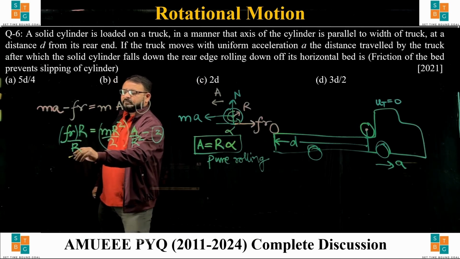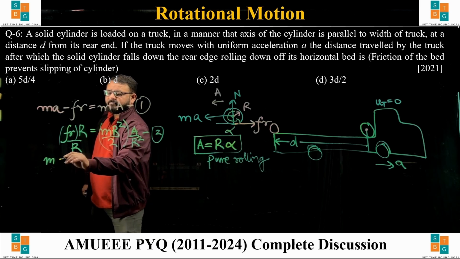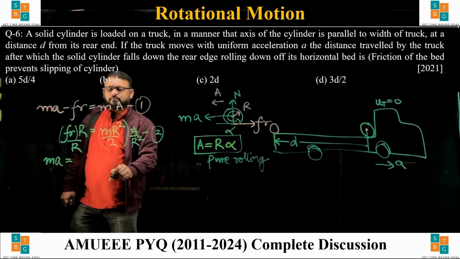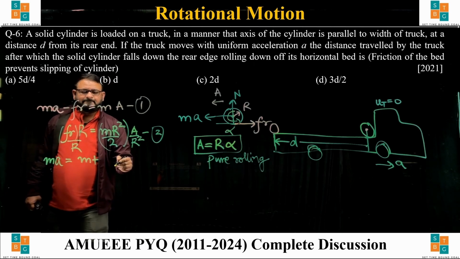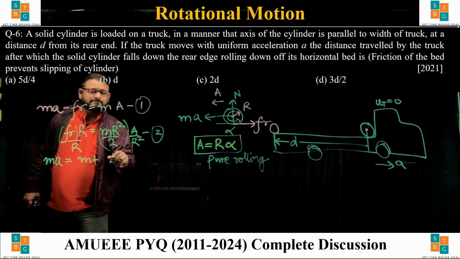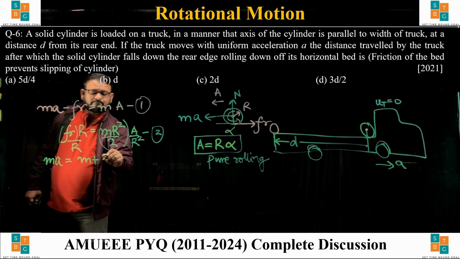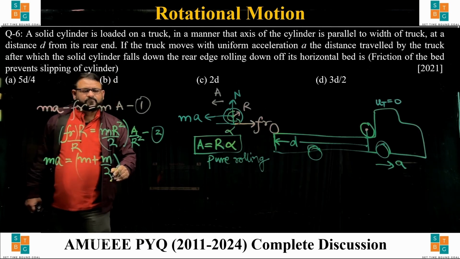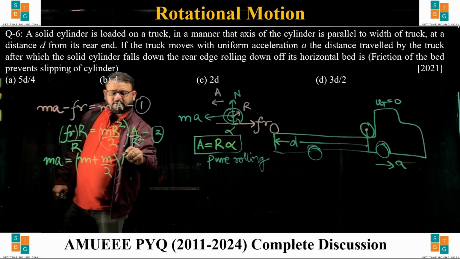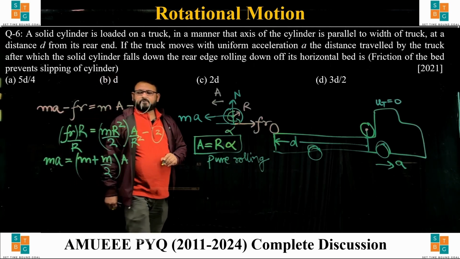फ्रिक्शन विल बी गॉन, सो वी विल नो m a is equal to m plus m by 2 into a, right?